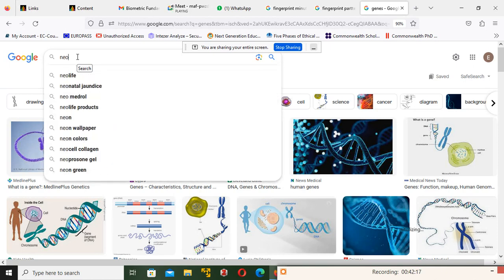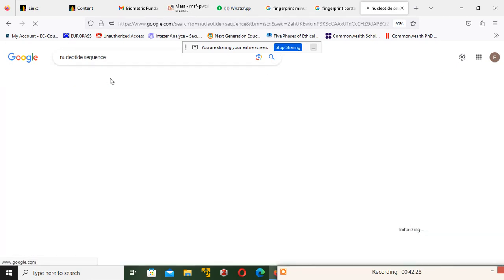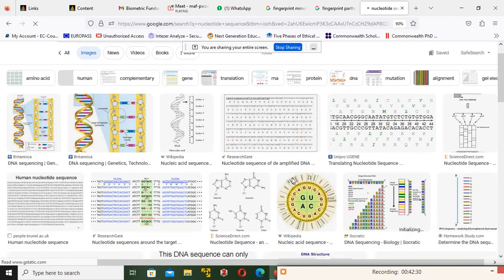Nucleotide sequence. Yeah. Okay, yeah, very good.